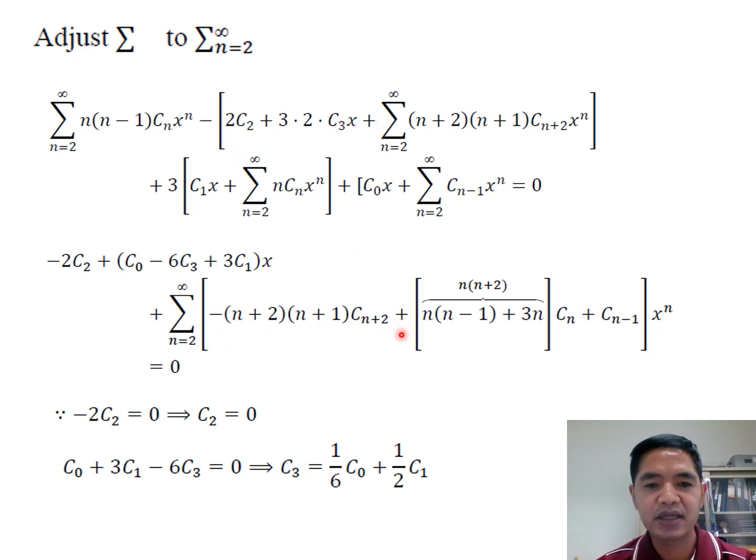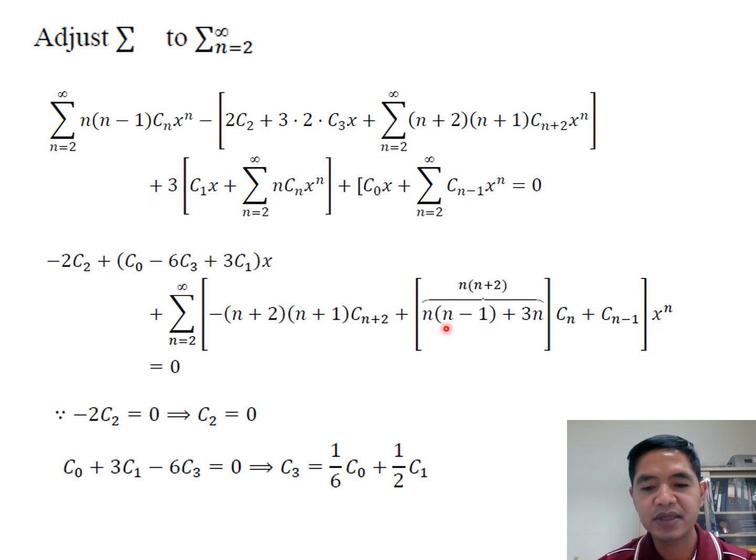Okay, and in the second term, we have c n plus 2, we have c n here, and c n minus 1. So this is also c n, the same c n. So n times n minus 1 plus n, or plus 3n, there's 3 here too.